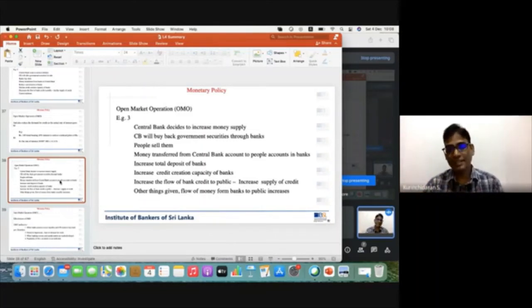Now we call it monetary policy transmission. You trigger today, the central bank makes changes in response to the crisis today, but that reaches the market or end user after some time.